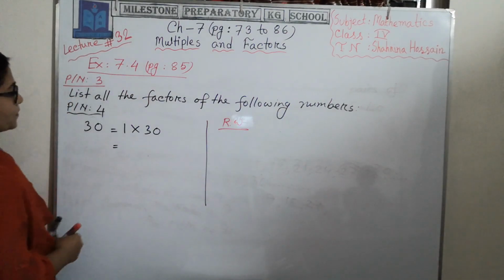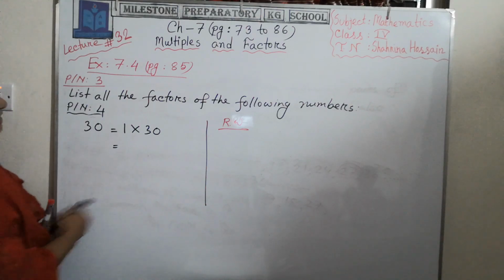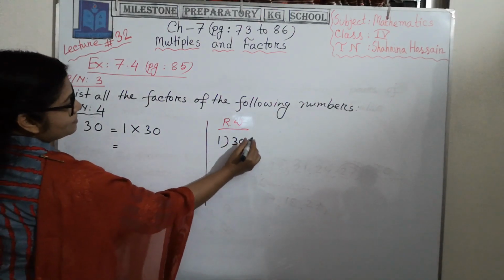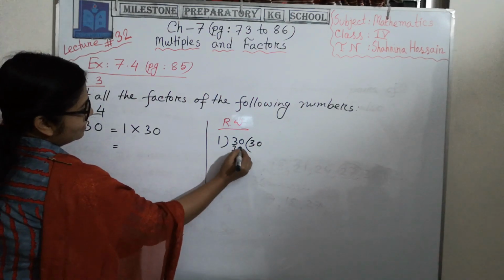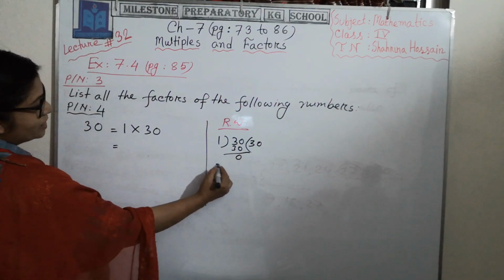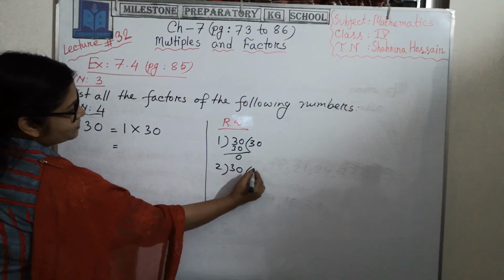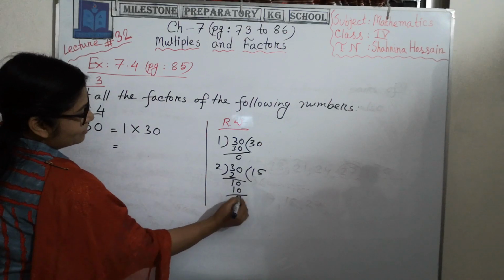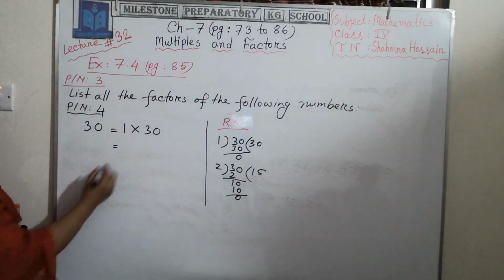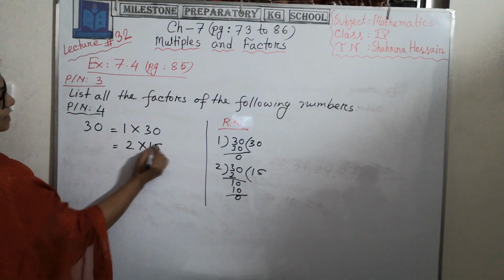We can divide 30 by 1. 30 ones are 30. Okay, so we can divide 30 by 2. 2 ones are 2, then 2 fives are 10, then 2 fifteens are 30.